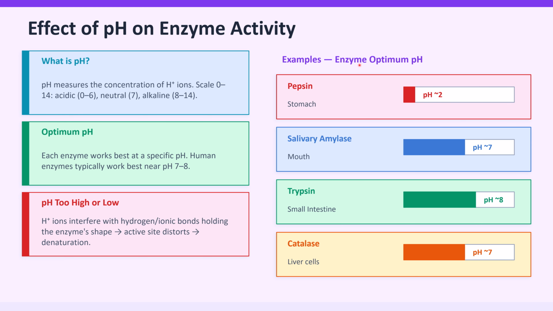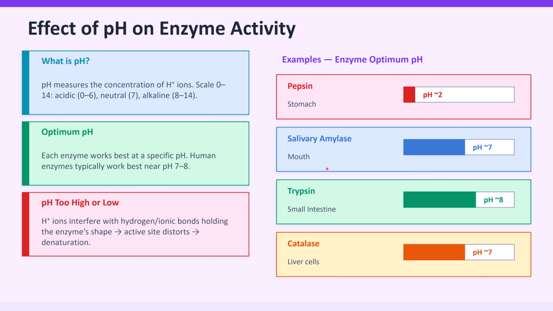Look at these examples of enzyme optimum pH. First is pepsin, found in our stomach. It actually works best at very acidic pH 2. Second is salivary amylase.